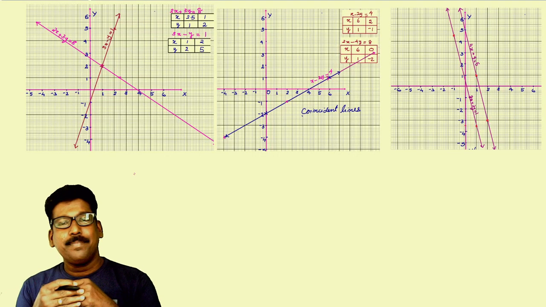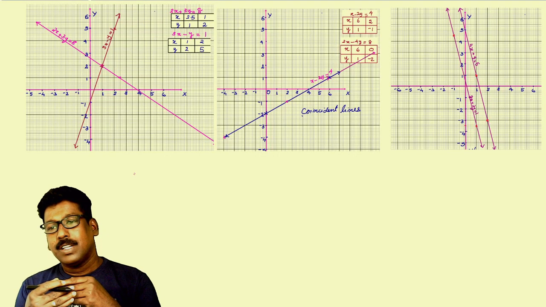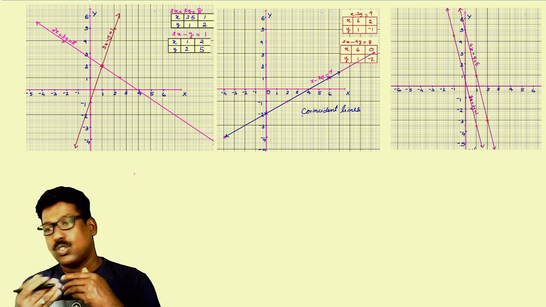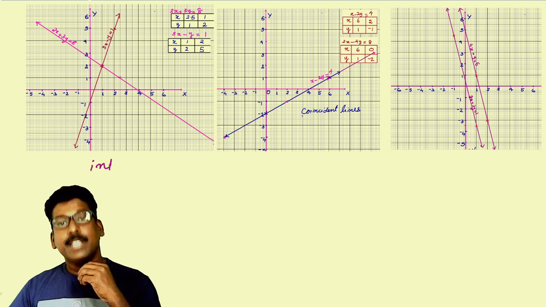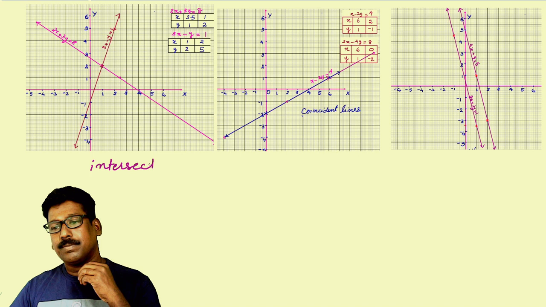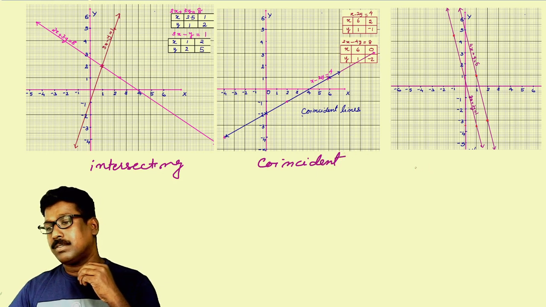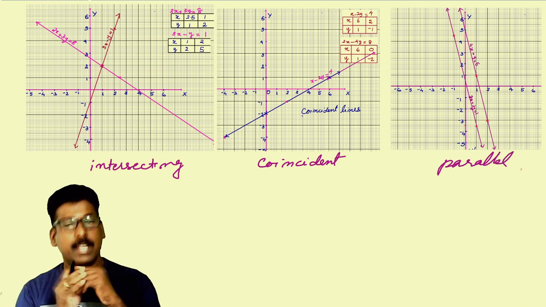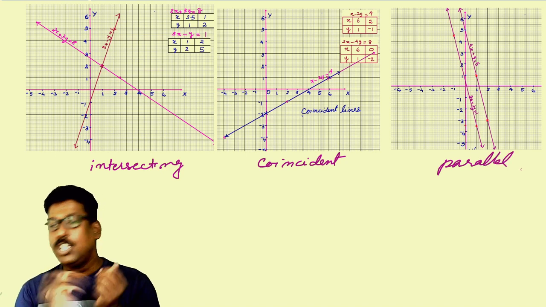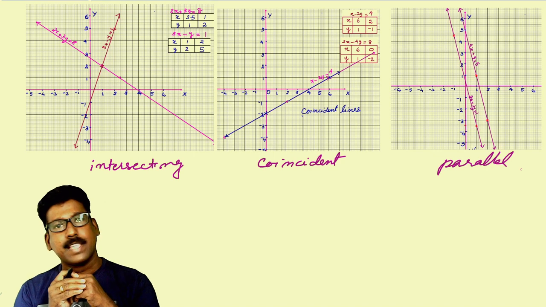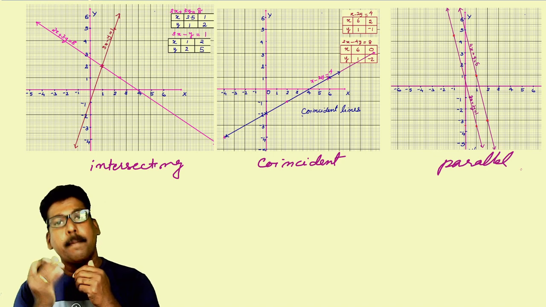Here we can see the graph of linear equations in 2 variables can be intersecting lines or coincident lines or parallel lines. Any of these 3 types of lines can be drawn for a pair of linear equations in 2 variables.